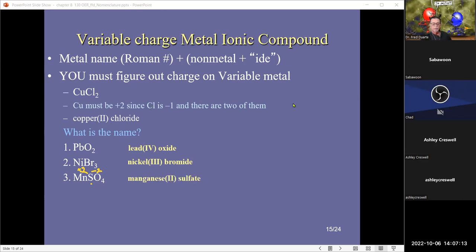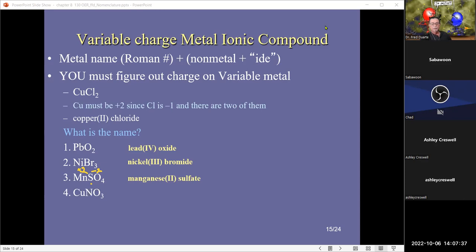So Roman numeral 2, manganese, not magnesium. That can get confused a lot. Mg and Mn are two different elements. This is manganese, not magnesium. So it's manganese, Roman numeral 2, sulfate.